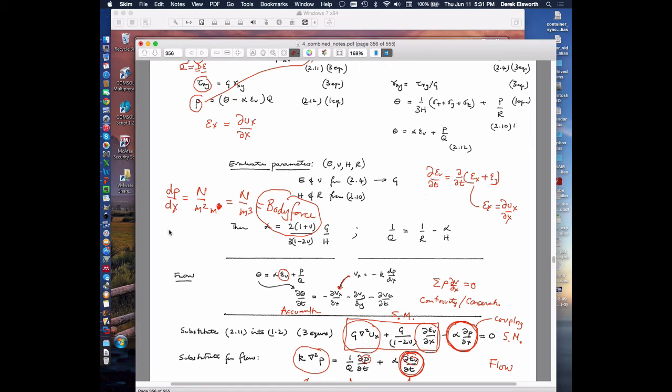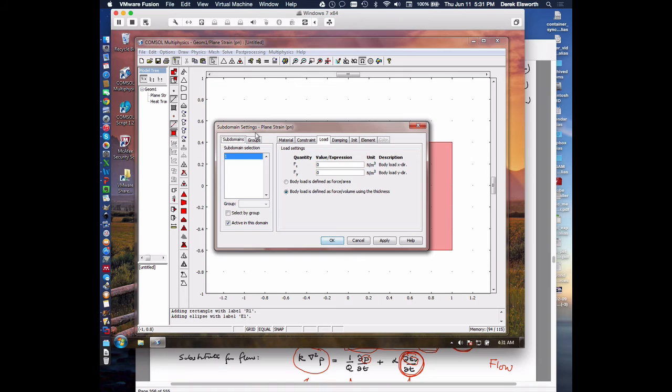So dp/dx would just be alpha times dp/dx. So we'd want to be able to put that in, and I guess it would be negative. And so how do we do that? So I think we need to put a term in here for this body force. We want to use this.